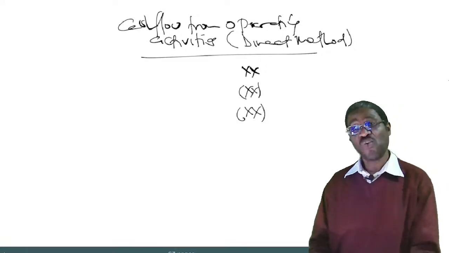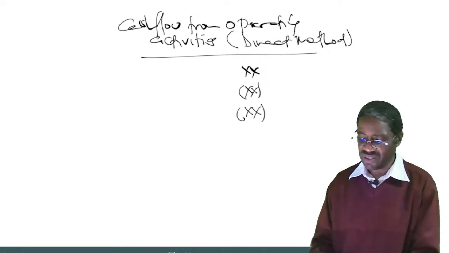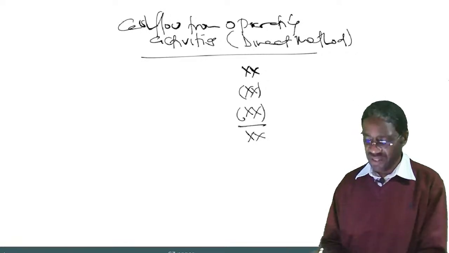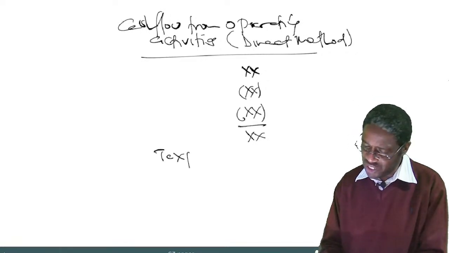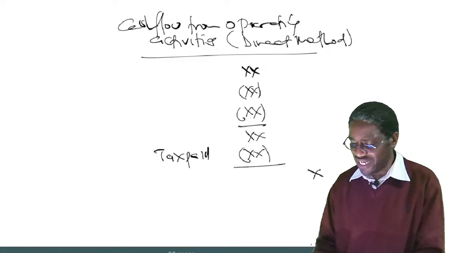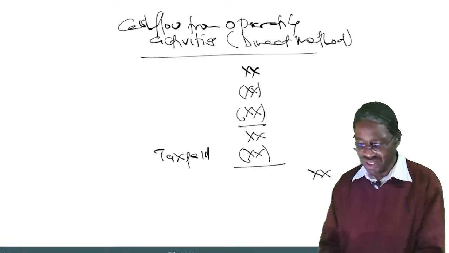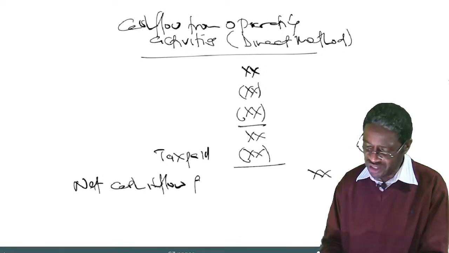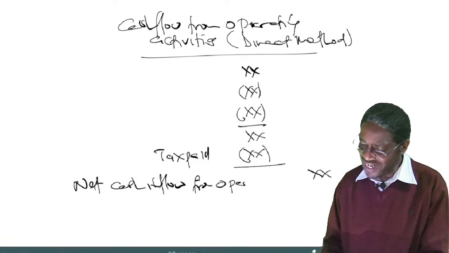Once you got those 3 figures, you had to get the net. Then you had to come and say your tax paid, just like we did down there. Once you got the tax paid, you get the net, push it to the extreme, and that would be your net cash inflow from operating activities.